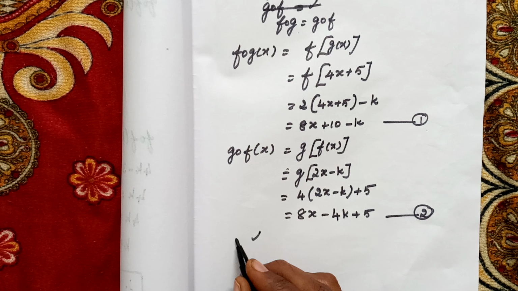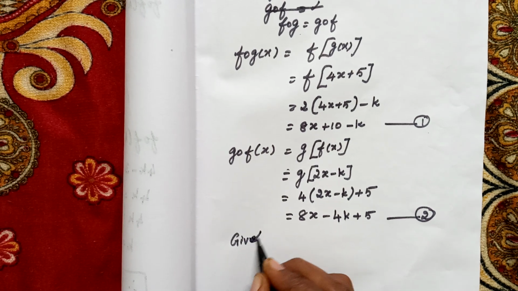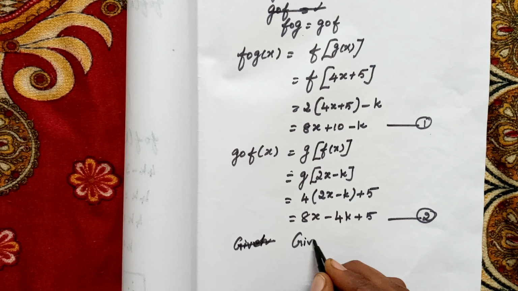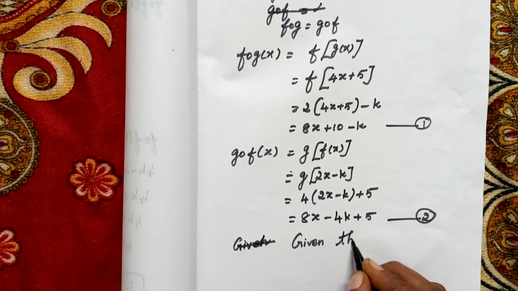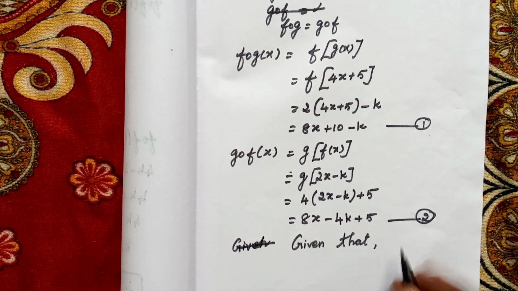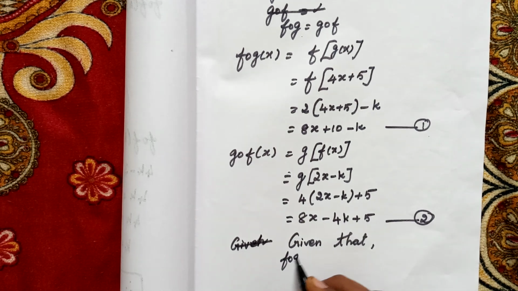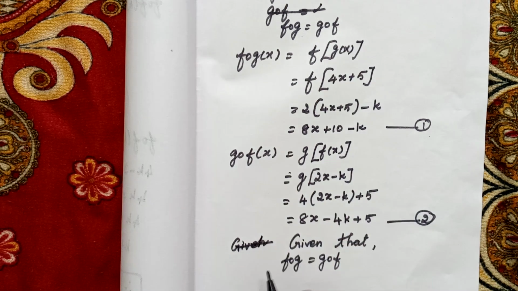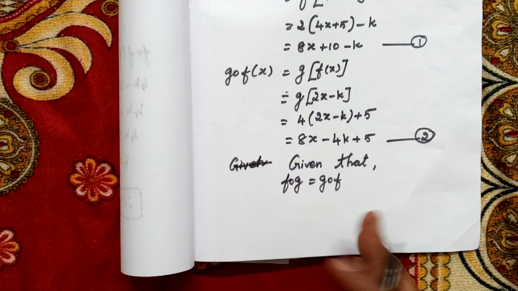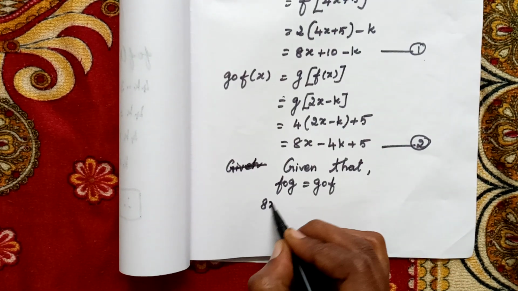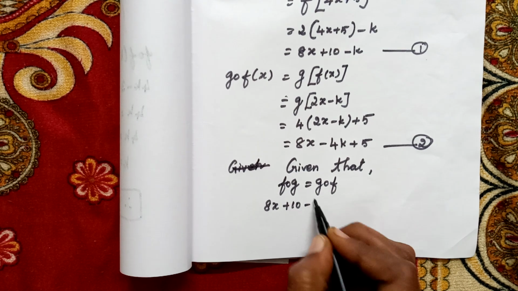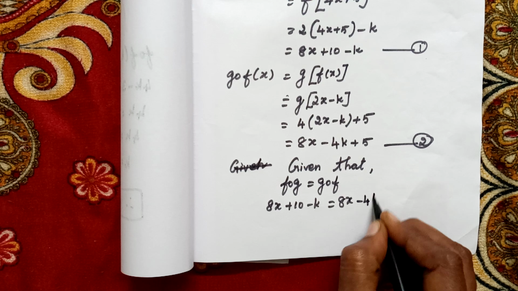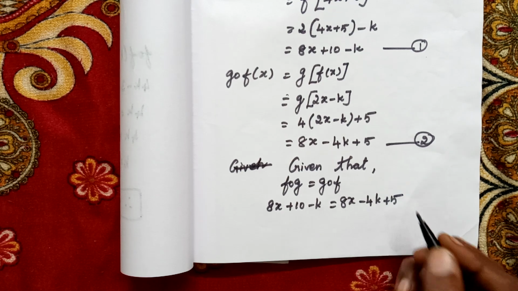Given that f composite g is equal to g composite f. What is f composite g? 8x plus 10 minus k is equal to 8x minus 4k plus 5.